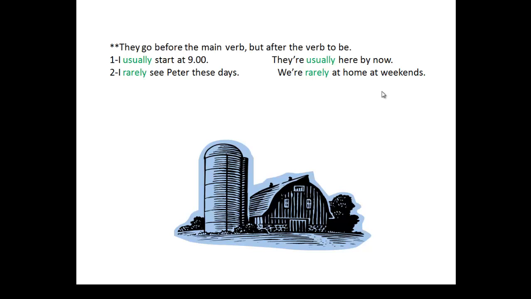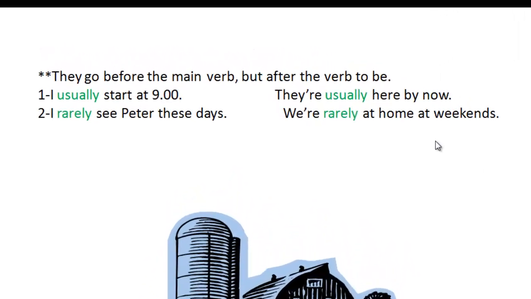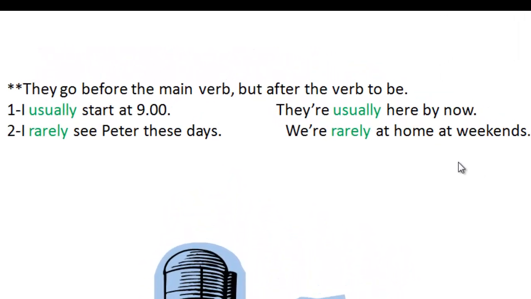If we want to ask about the location, the place of the adverbs of frequency, they go before the main verb. They go before the full verb, but after the verb to be.